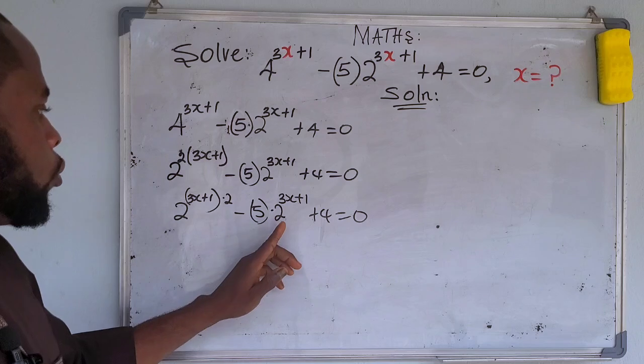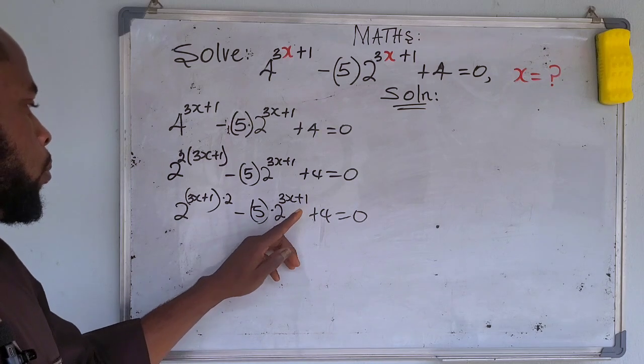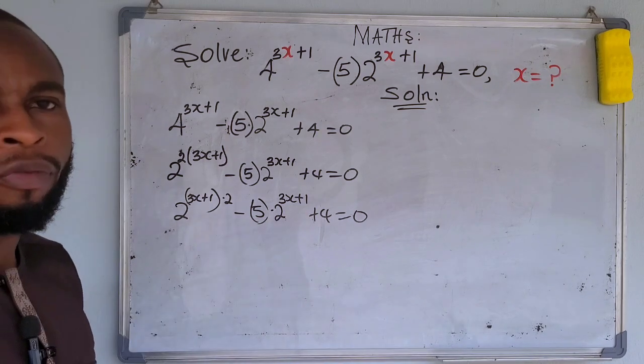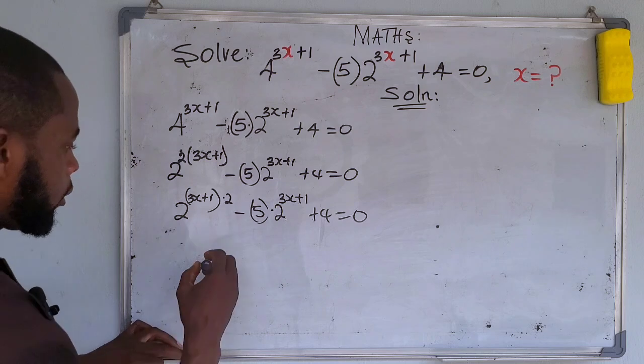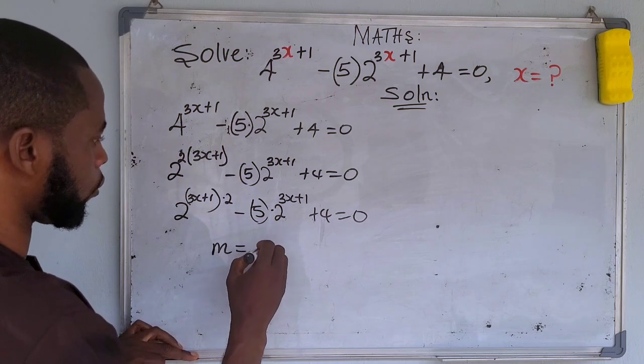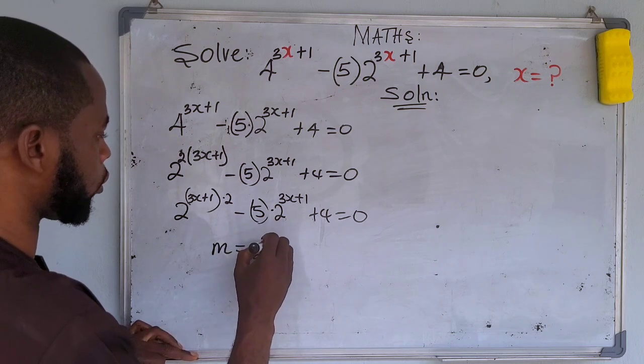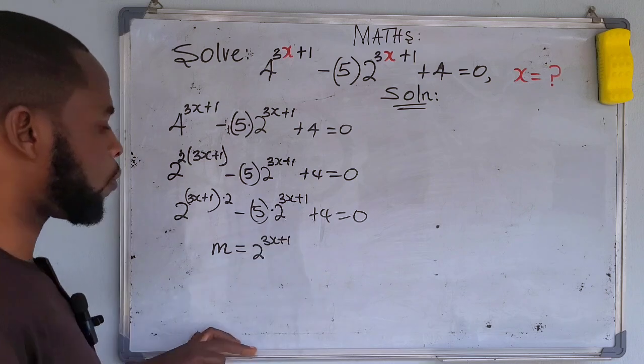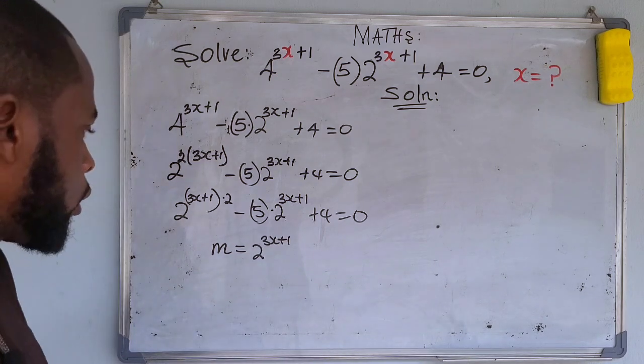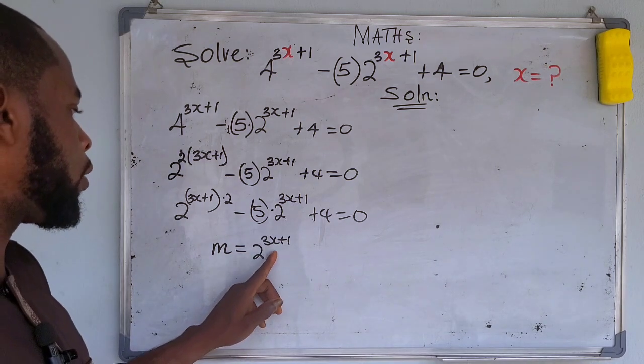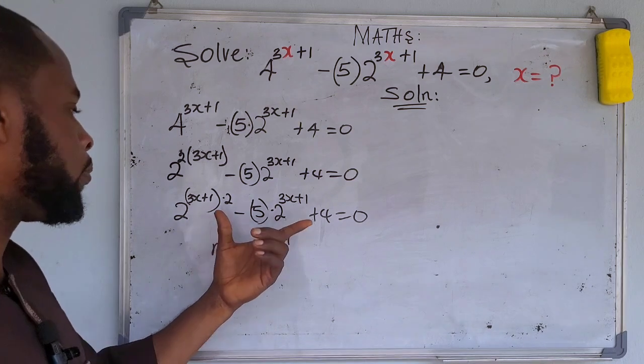Now, 2 to the power of 3x plus 1 is common here. So let's set m equals 2 to the power of 3x plus 1. Wherever you see 2 to the power of 3x plus 1, you substitute m.